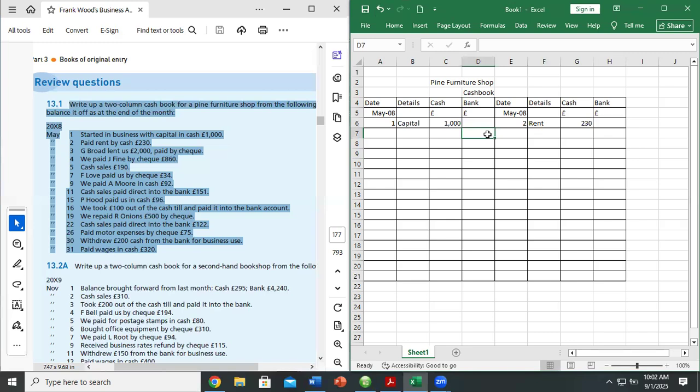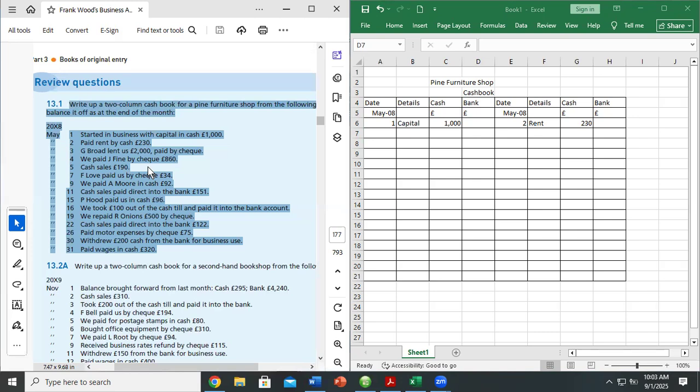Okay. Then we move on to third, which is Jane Broad lent us 2,000, and this was paid by check. Please, what are we doing to this transaction? Are we debiting or crediting? Prof. Josephine. Please do debit. So the business is receiving money.